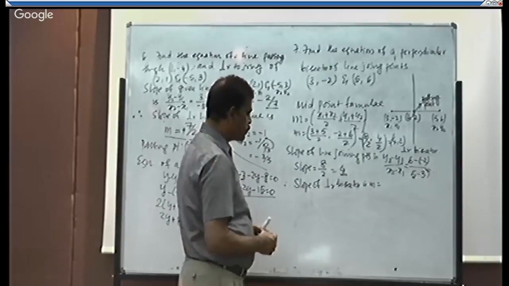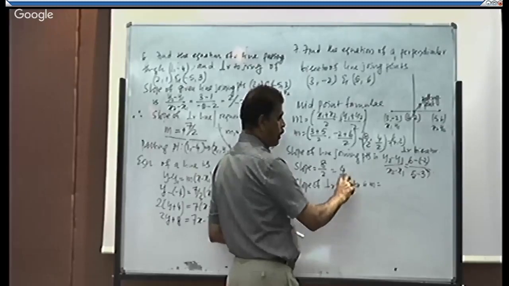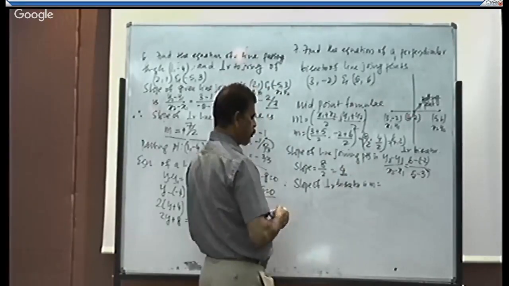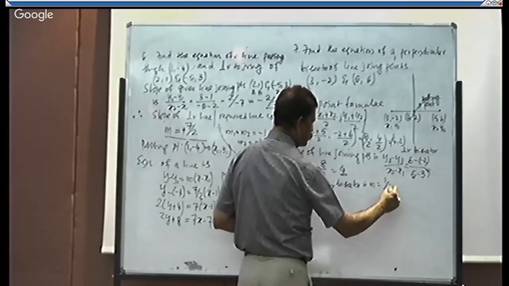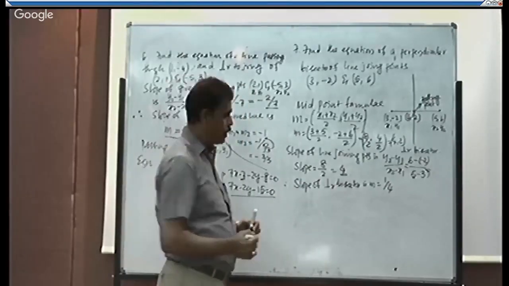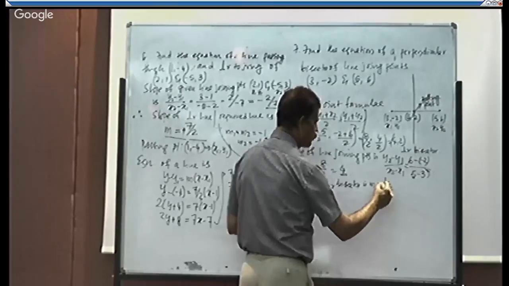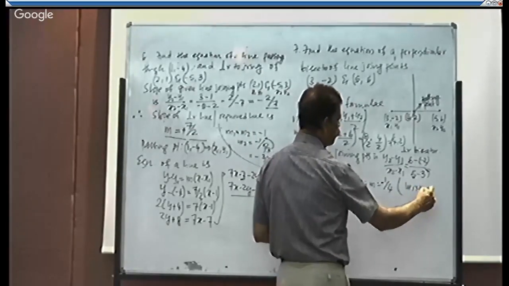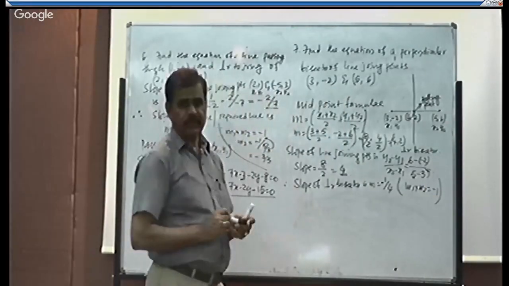We have the slope of the line joining the points as 4. Change the numerator and denominator because these are perpendicular now. 4 by 1 can be taken as 1 by 4. And we have a positive sign here. You make it negative because m1 into m2 is equal to minus 1. Using this, we can get this value.